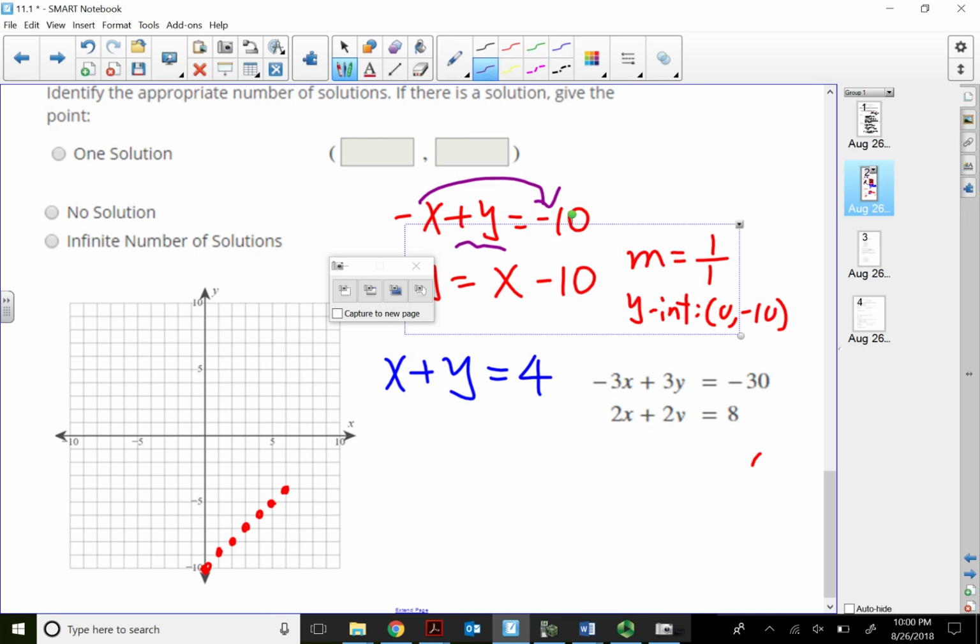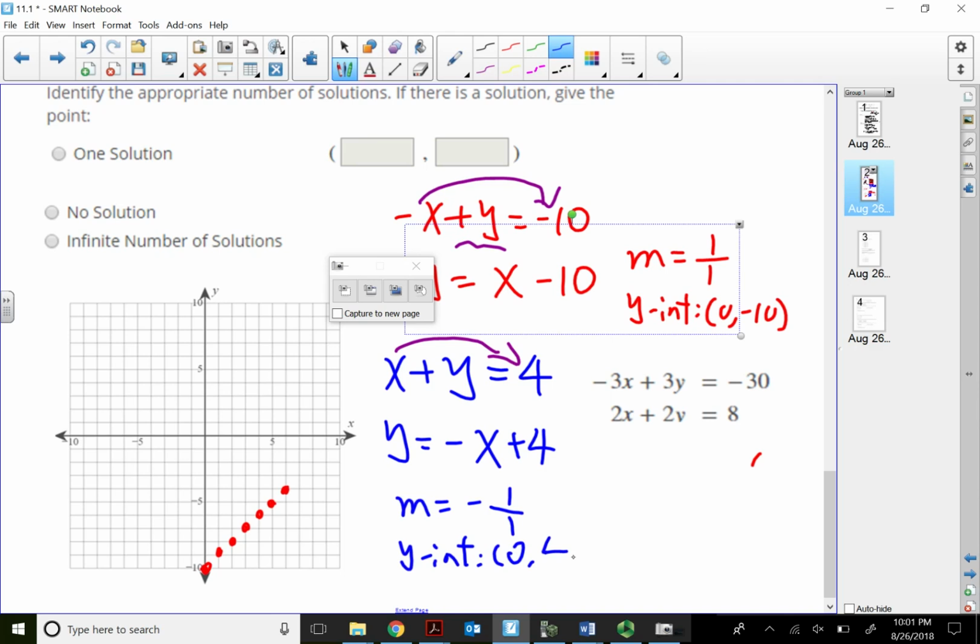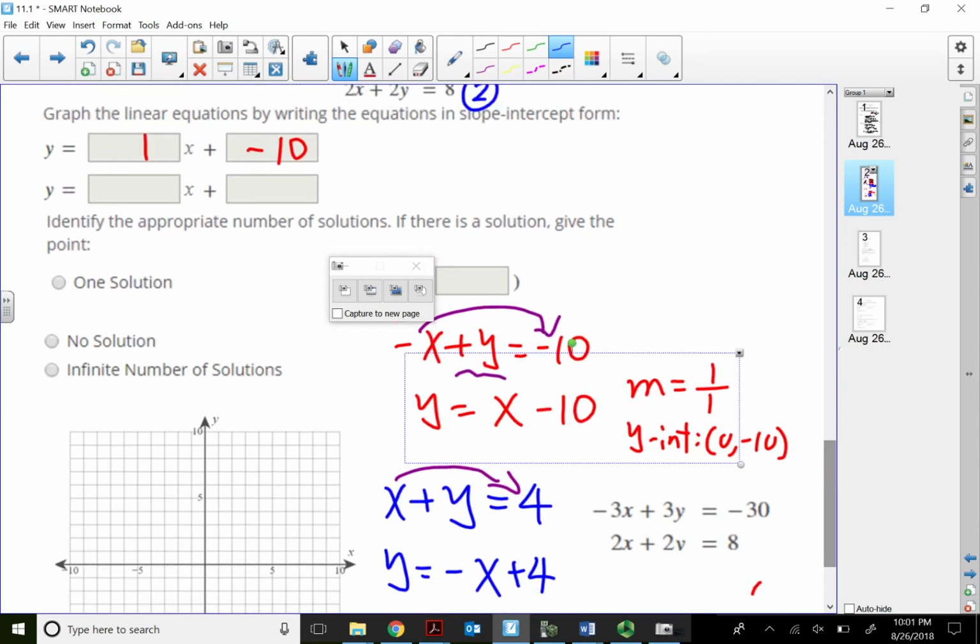So I'm going to move my x over to the other side so I can write them in slope-intercept form. So that's y equals negative x plus 4. So my slope m is negative 1 over 1, down 1 to the right 1. My y-intercept, 0, 4. So what do I key in here in the second one? Y equals negative 1x plus 4.